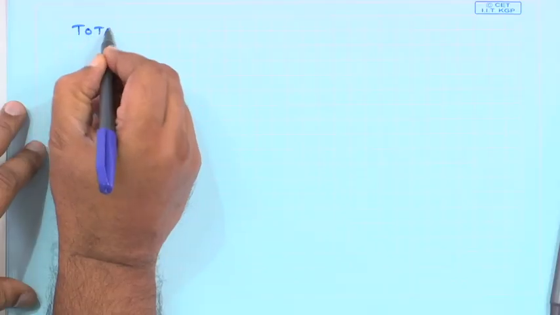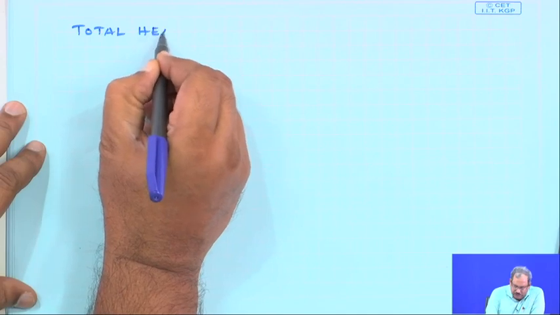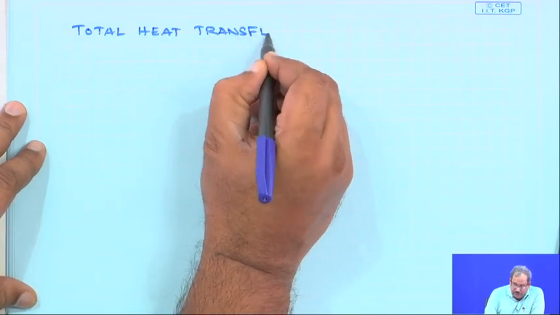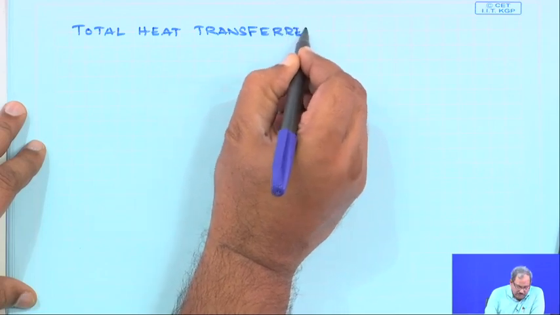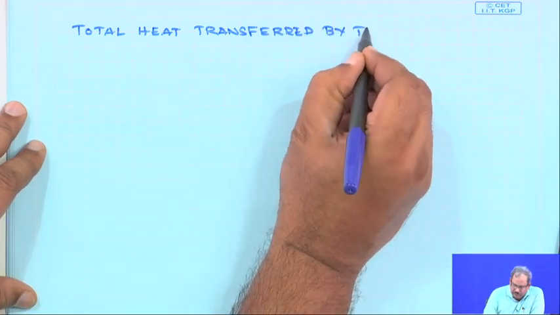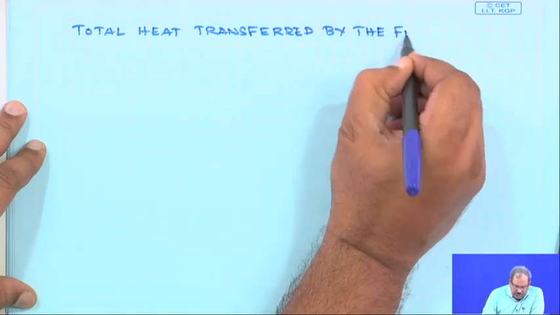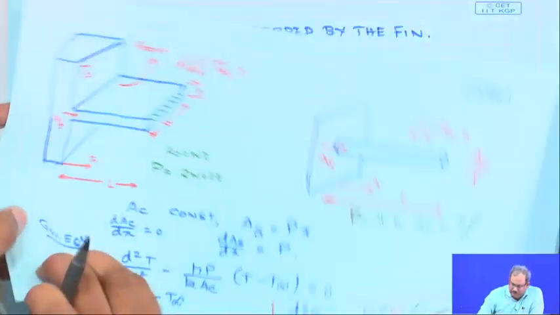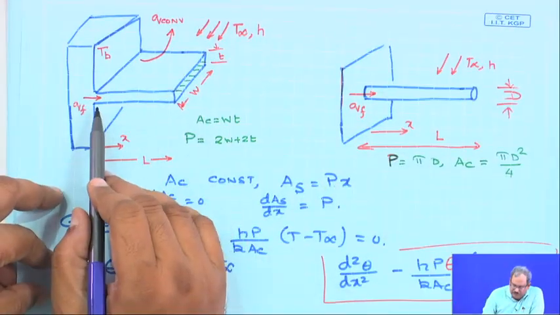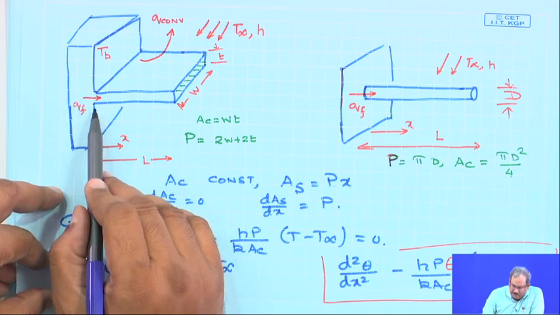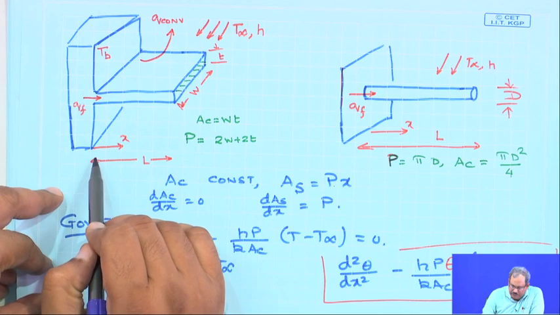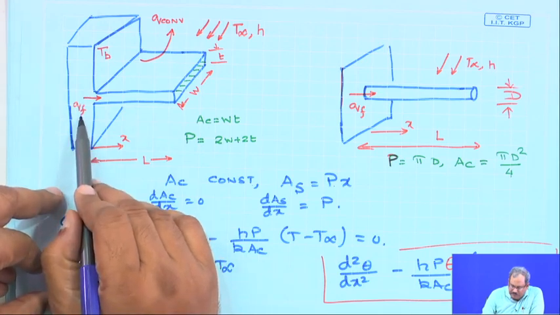The only thing that remains to be discussed is the total heat transferred by the fin. If you look at the figure which I have drawn over here, the total heat transferred by the fin at steady state must be equal to the heat that it picked up from the base at x equals 0, which I have denoted as QF.